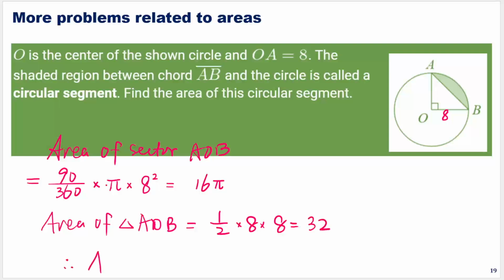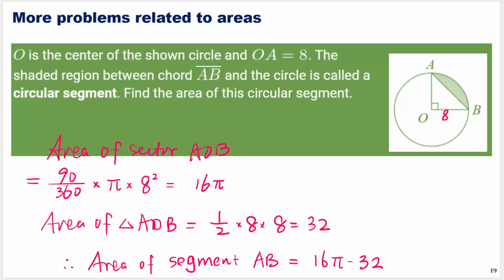Therefore, the area of segment AB equals 16 pi minus 32, right? You get it? All right, any questions?